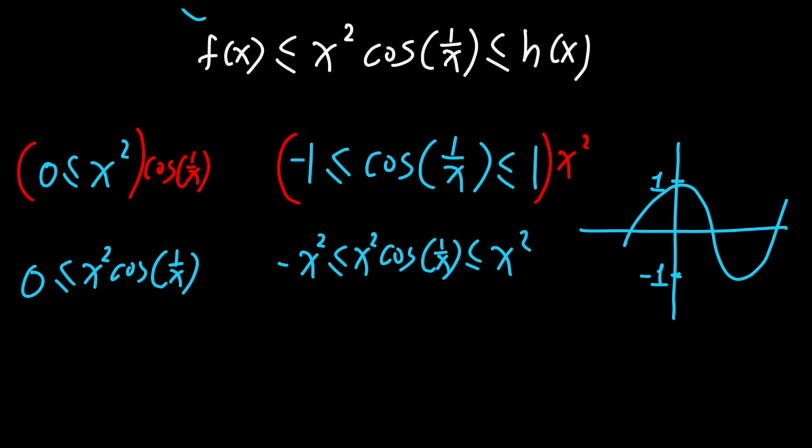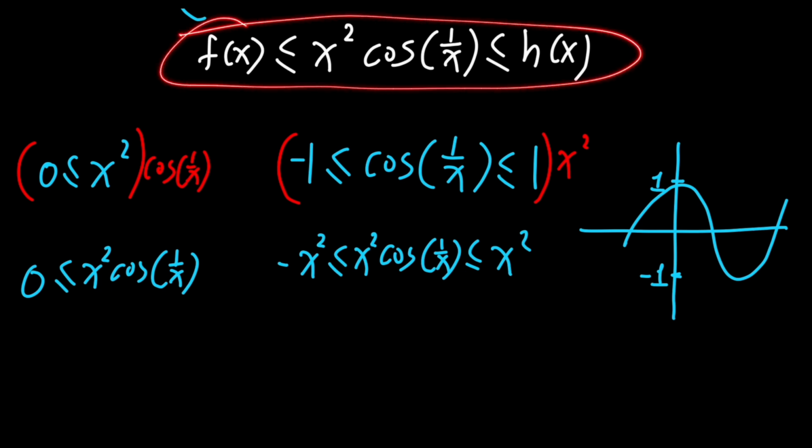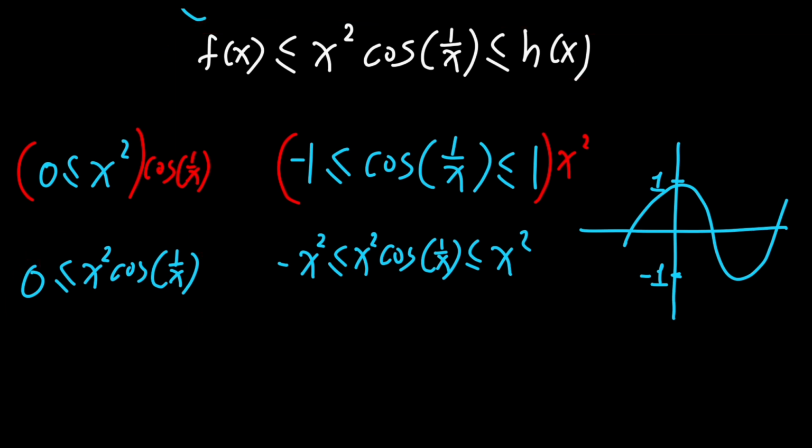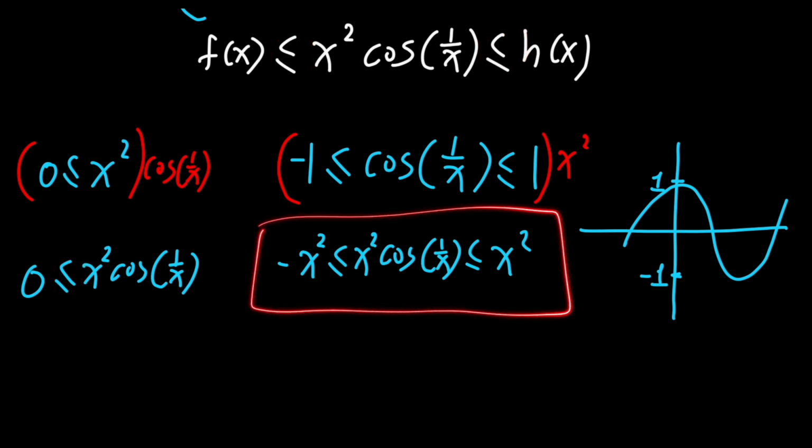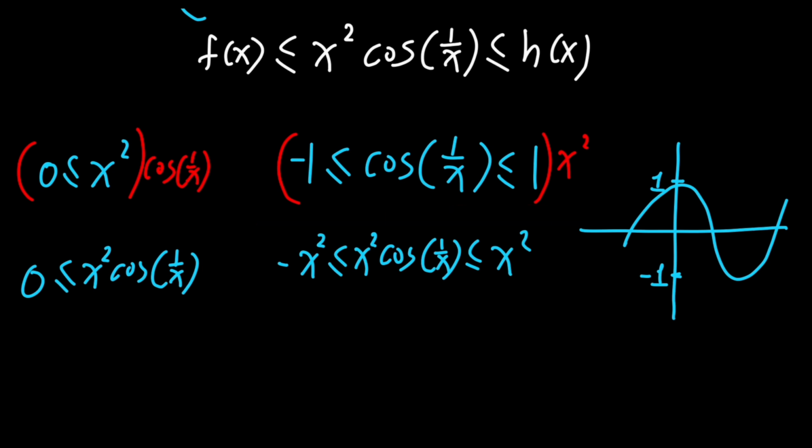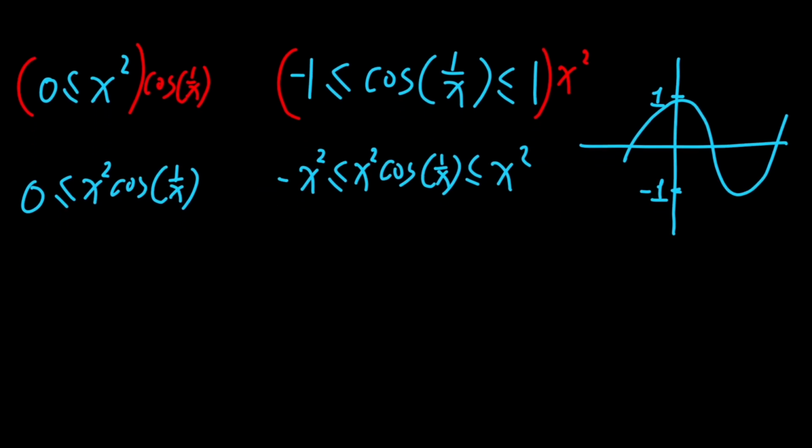Now, what you want to do is to pick the one that is really similar to this first inequality. And this one does not look similar, right? You only have this one symbol, but we have this symbol right here. So we're going to pick this one. Now, we want to prove that the limits of these two functions are equal.